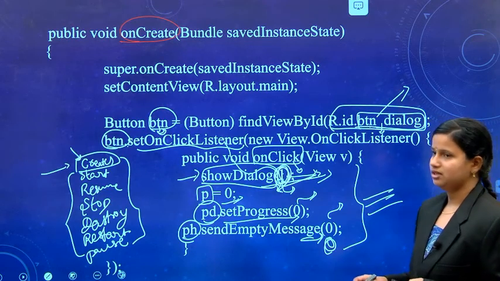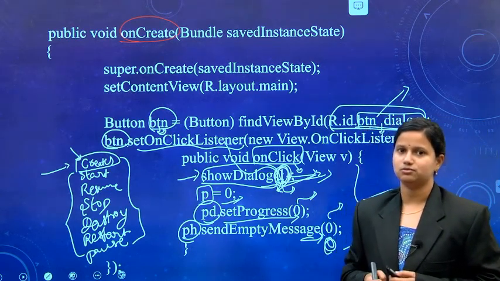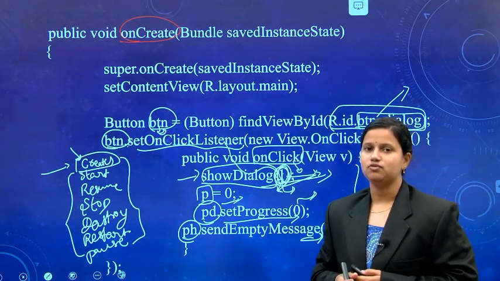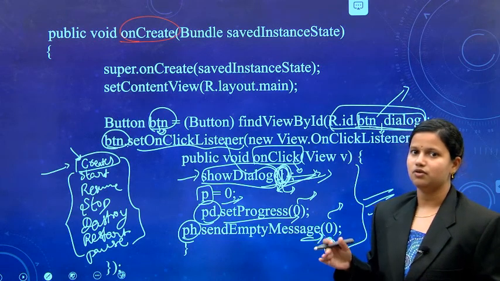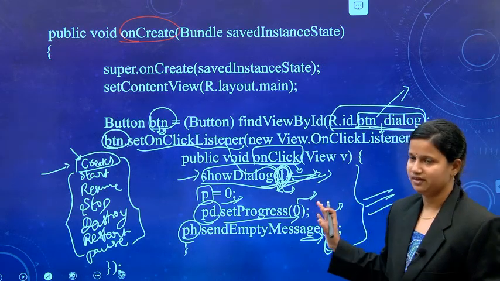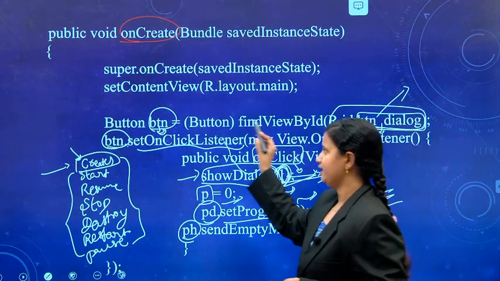Within the onCreate method, which launches your activity, it will automatically perform the corresponding action. First of all, it will identify a button.